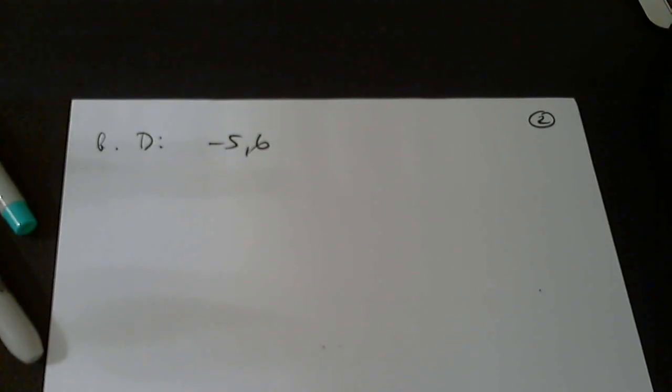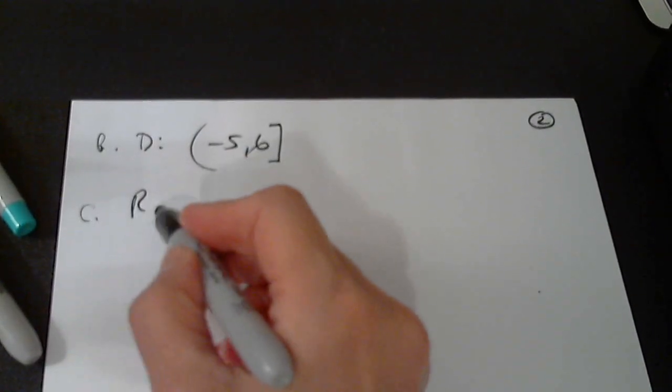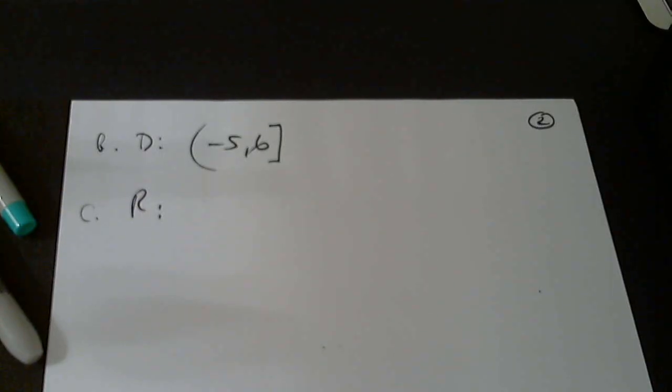Now, what do I put at negative 5? What do I put at positive 6? Parenthesis with negative 5, and then the bracket with 6. Excellent. Indeed. Very good. Part C, the range. They want us to find the range now. What is the range of function f? From the lowest possible y value to the largest possible y value.